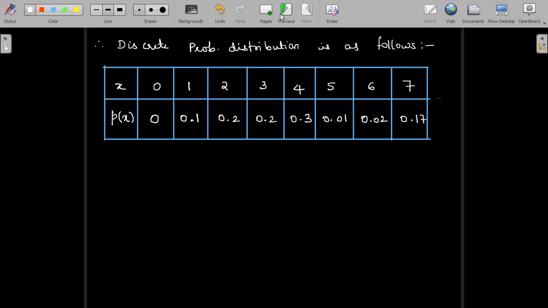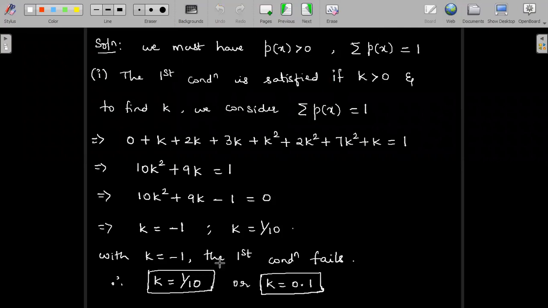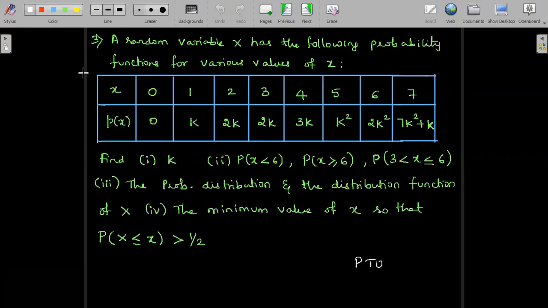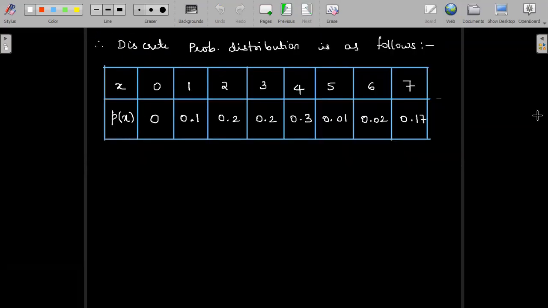So I have substituted k as 0.1, k value as 1 by 10 or 0.1, into the table. For every value in the table I have substituted. So k square becomes 0.01, 2k square becomes 0.02. Similarly, 7k square plus 7k can be computed, and it is equal to 0.17. The same thing I have substituted in the table. Now it is very clear that every value of P of x is positive.